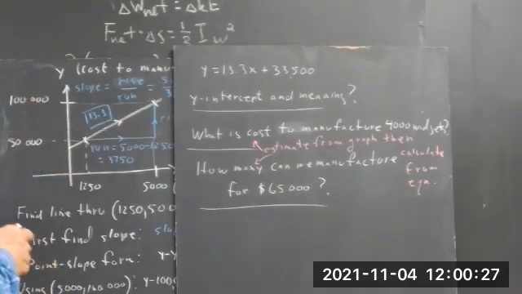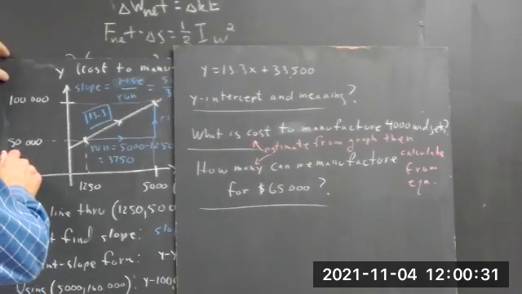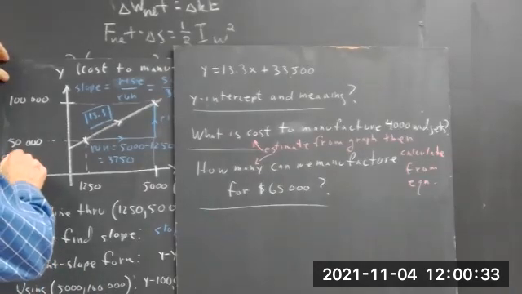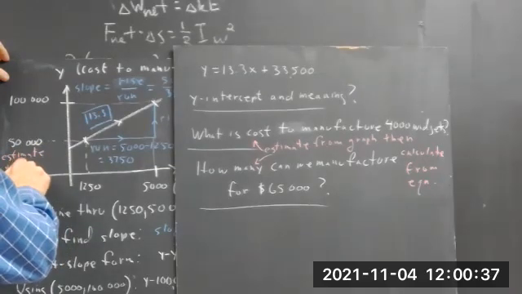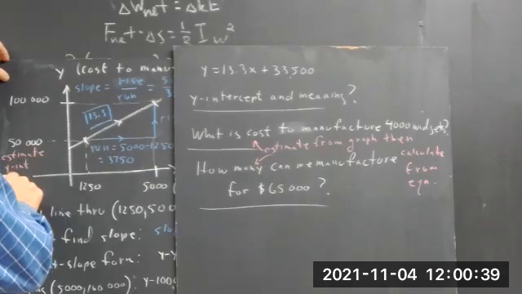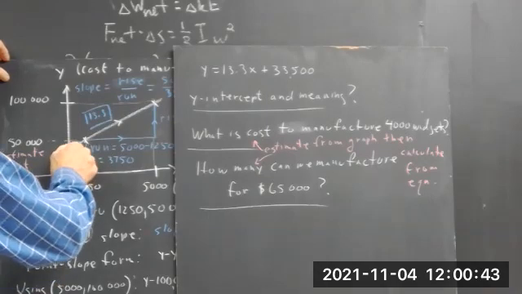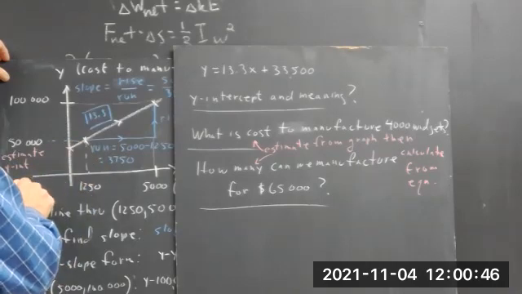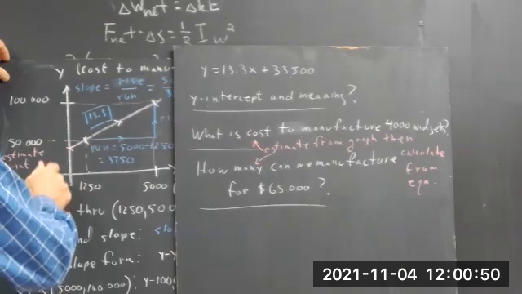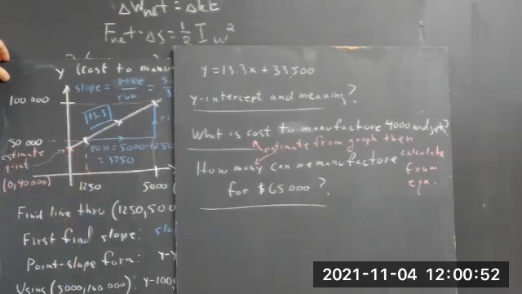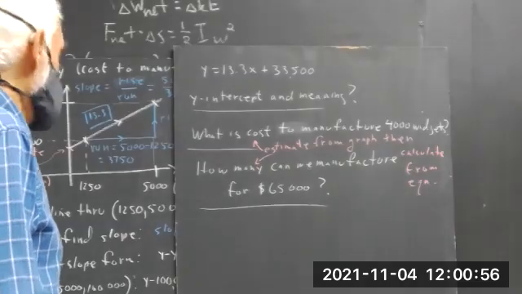Okay. So the y-intercept occurs at the point (0, 40,000), right?